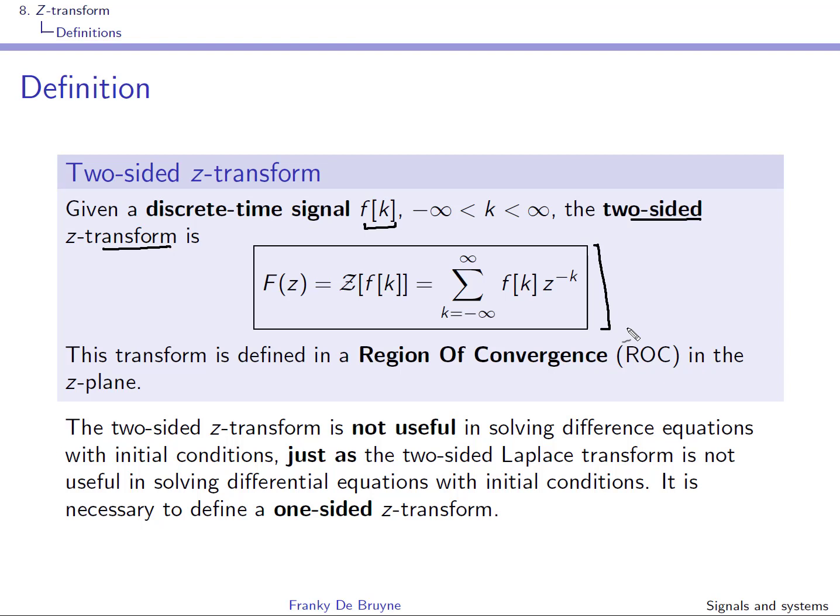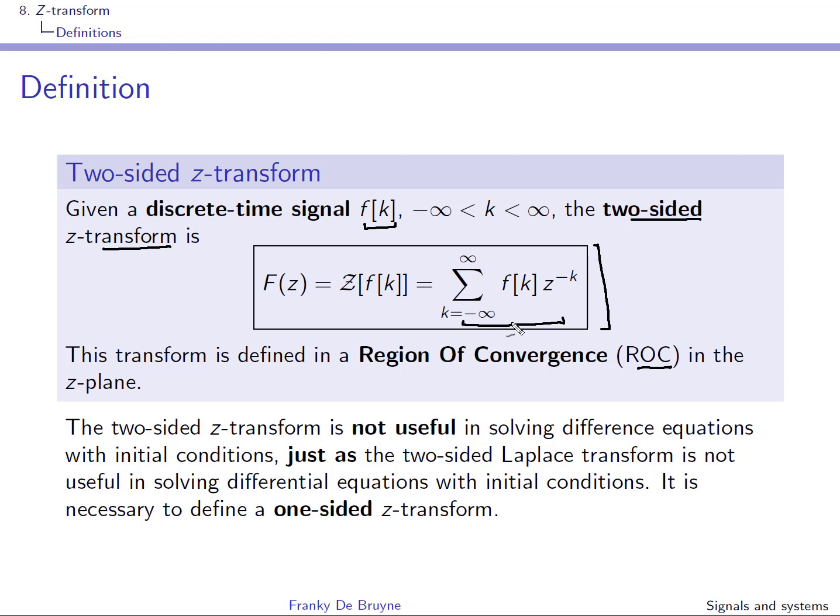Okay, this transform is associated with a region of convergence, and the region of convergence is the region where this sum over here will converge. Remember that in the Laplace transform we also had this two-sided Laplace transform, and it was not very useful in solving differential equations with initial conditions.